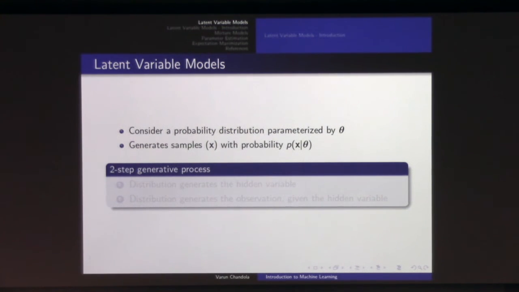So the idea behind latent variable models is that you can think of it more from the perspective of generative processes, right? We have looked at these distributions earlier, when we were doing probability or statistical machine learning. We had some x, and we assumed that x was being generated by some distribution whose parameters were given by theta, right?